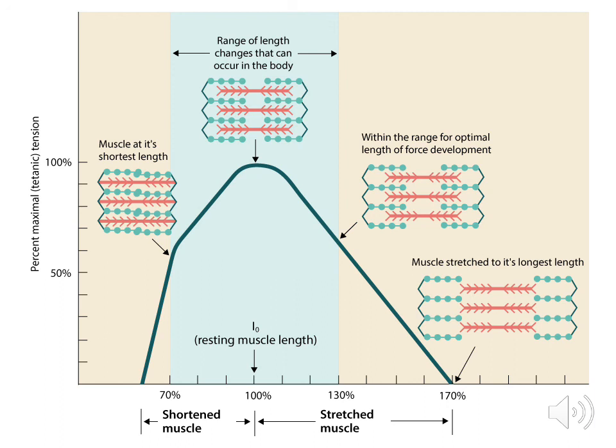At those optimum levels, we have maximal cross bridge formation. When the muscle is shortened too far, what we actually get happening is some overlap between the thin filaments, and as such, this is preventing some of those myosin heads from attaching, and as a result, we can't create as much force.